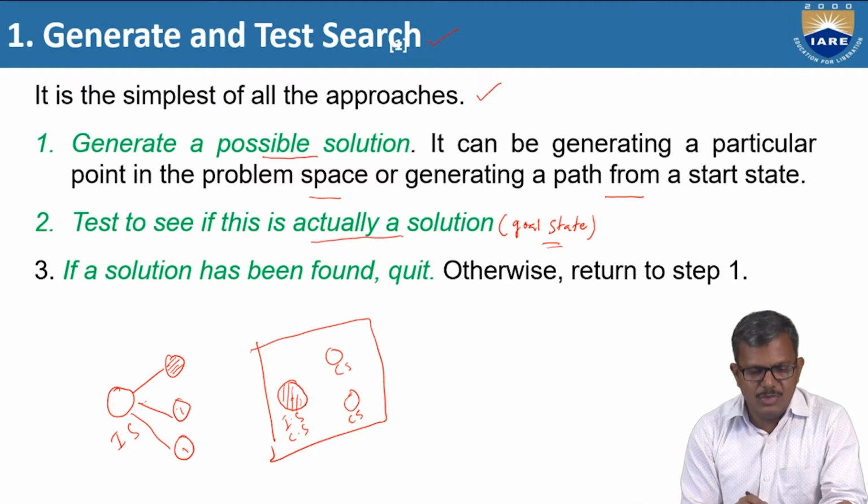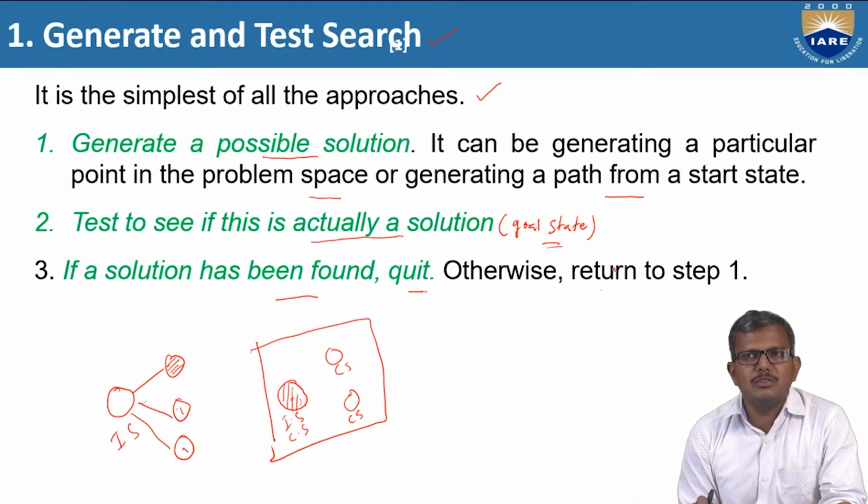If a solution has been found, we simply quit. Otherwise, we go back to step number 1. So this is a simple method of implementing the search process called generate and test search.